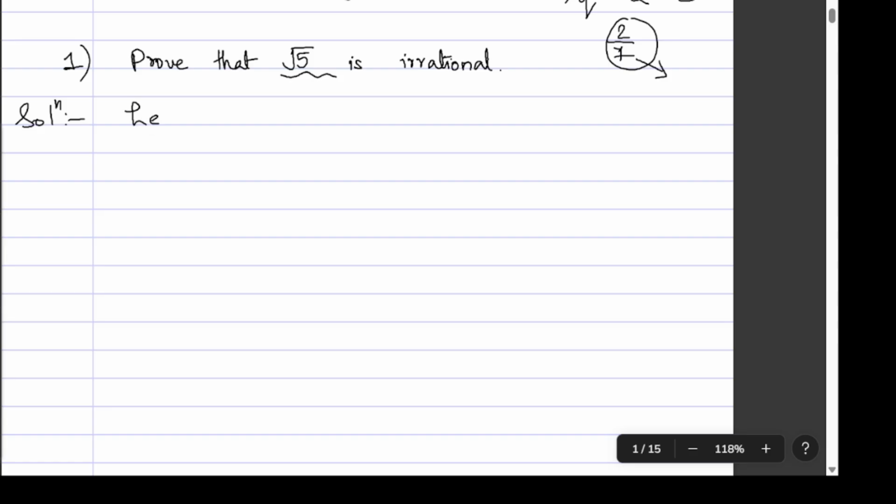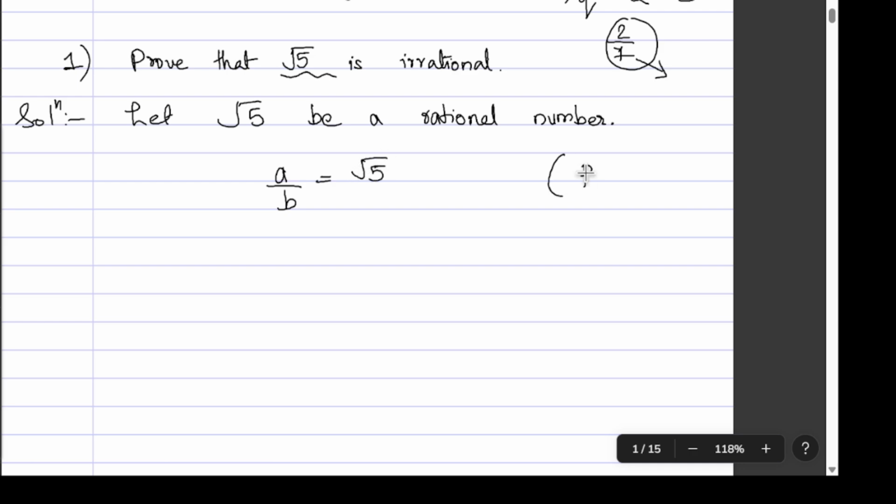So starting, let root 5 be a rational number. If root 5 is a rational number, we can write a by b equal to root 5.